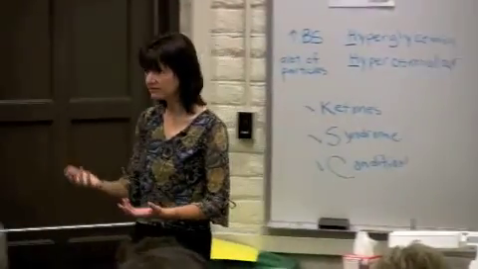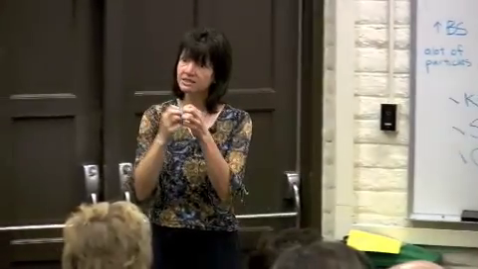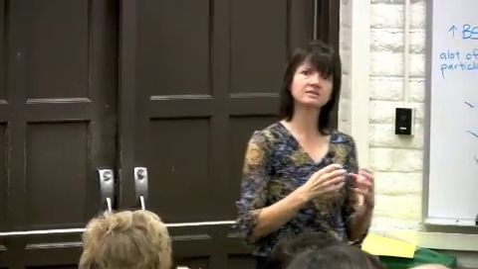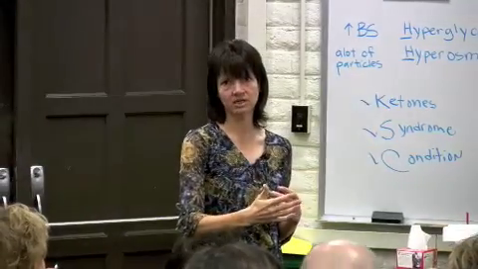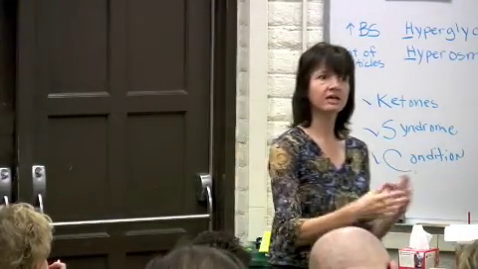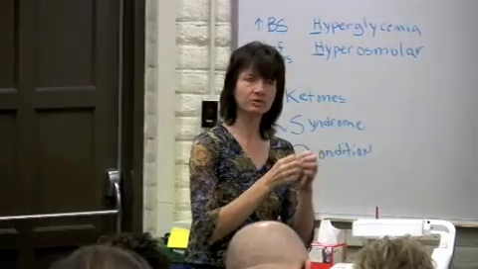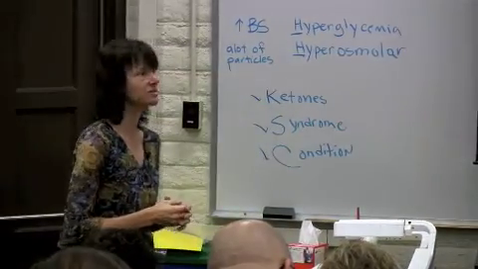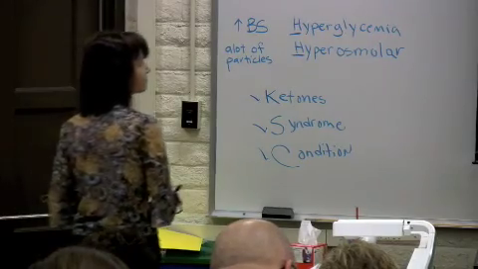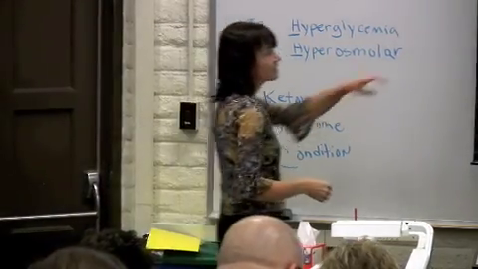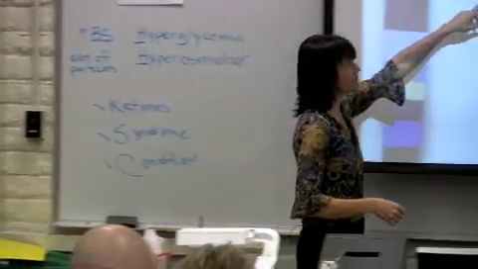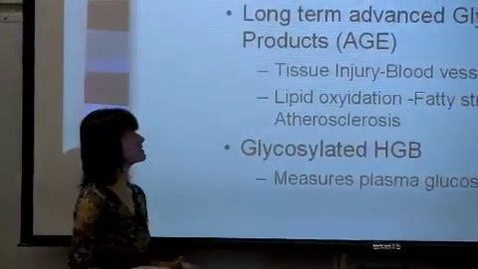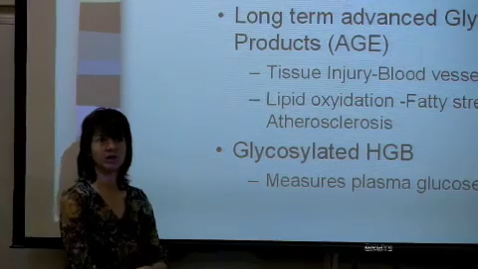And when you have elevated blood sugar, it connects with proteins in your body. That process is called glycosylation. Glycosylation means that sugar binds to proteins. That is what causes the chronic complications of diabetes over time. Okay? If we have this happen over a long period of time, we develop what's called advanced glycosylated end products.